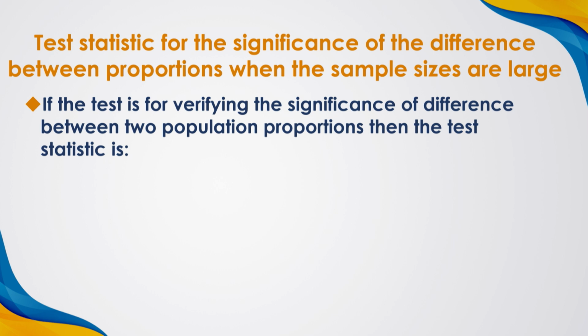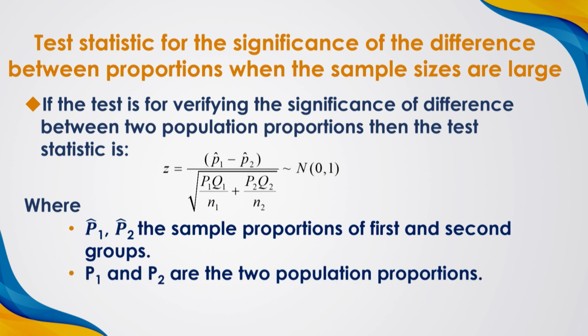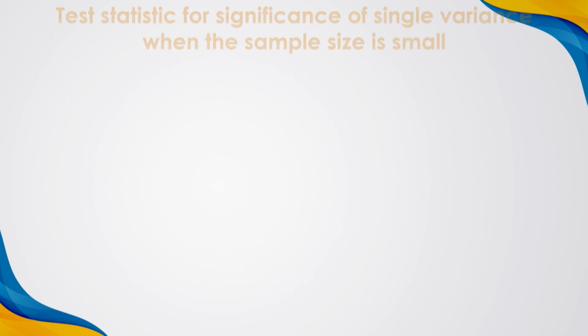If the test is to verify the significance of difference between two population proportions, then the test statistic is defined as z equal to P1 cap minus P2 cap by root of P1 Q1 by n1 plus P2 Q2 by n2, which follows a standard normal distribution with mean 0 and variance 1, where P1 cap and P2 cap are the sample proportions of the first and second groups, capital P1 and capital P2 are the two population proportions, and small n1 and small n2 are the sample sizes of the first and second groups.